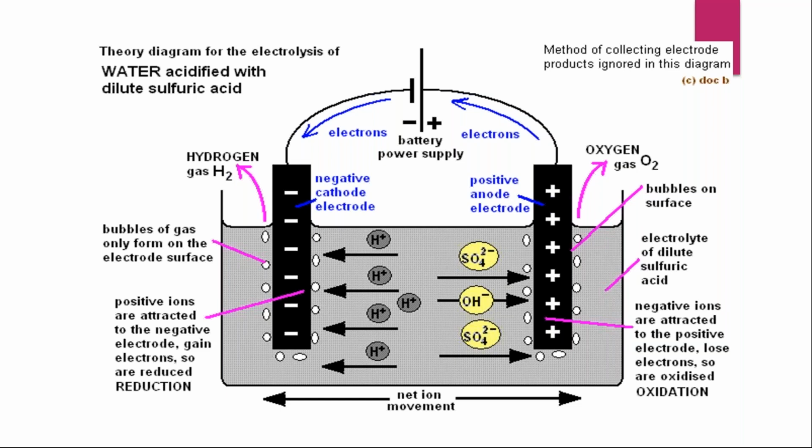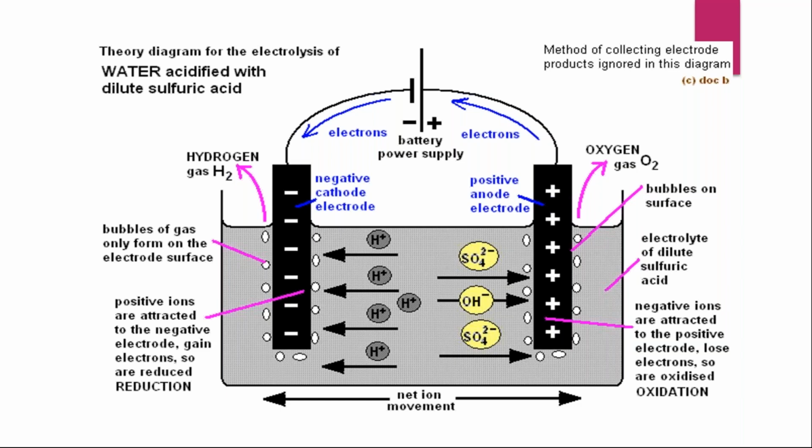Now, at the anode, the sulfate ions, that's the SO4 ions, and the hydroxide ions migrate to the anode. Once they migrate to the anode, the hydroxide ions, being lower than the sulfate in the electrochemical series, are preferentially discharged, because the hydroxide ions are lower than the sulfates.